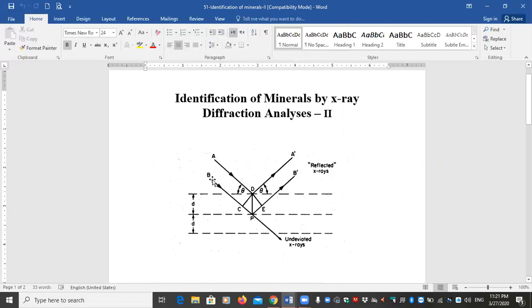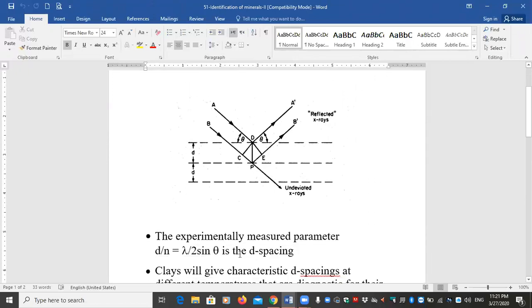The second one penetrates and goes into the second surface, and then it's reflected from the second surface. D, we call it the D spacing. This is the D. Now, this is the top of the top crystal unit, and this line is the top of the next crystal unit. So if there is a space between them, it's included.